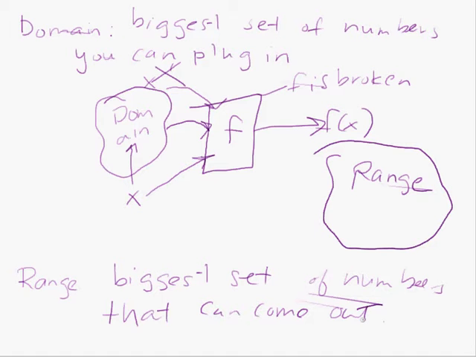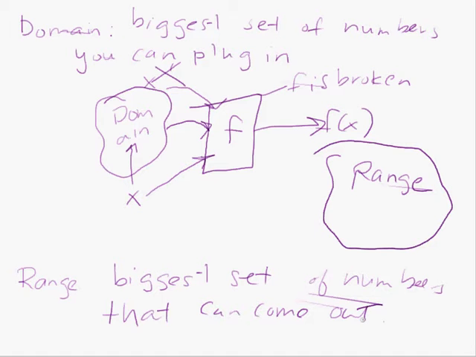Let me ask you this. Is it possible for me to take a number, square it, and get negative 7? Nope. Why not? Because a negative times a negative is a positive. Okay, so what have I just ruled out from the range of the squaring function? All negative numbers. Right, there's no way to square something and get a negative value.